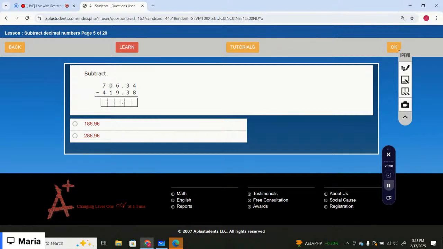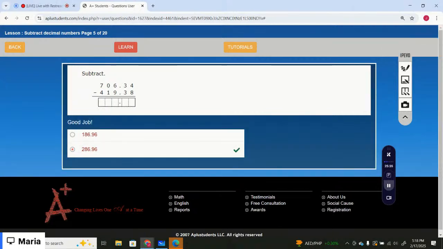The correct option is option number 2, that is 286.96. Option 2 is the correct option.